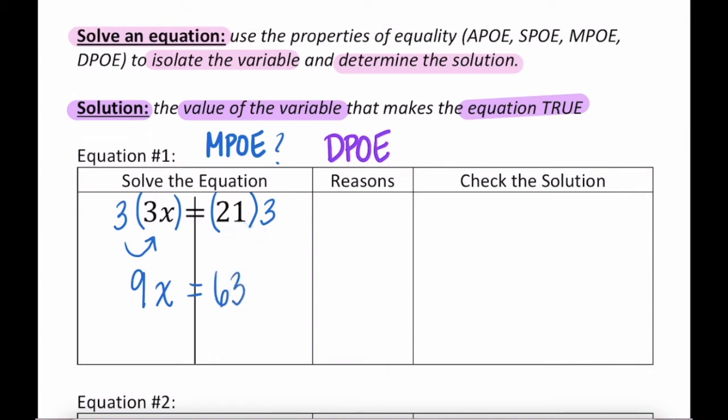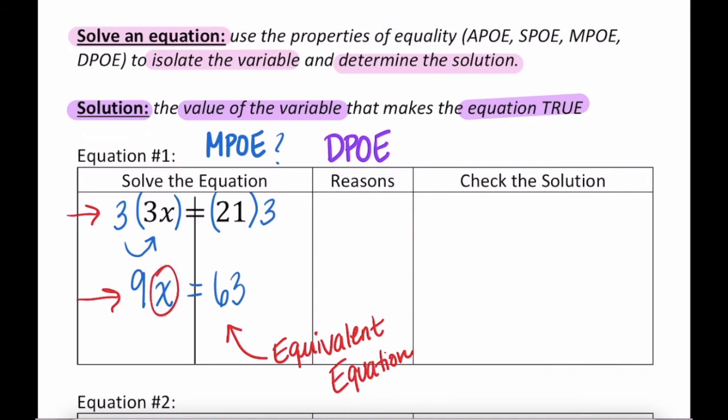Now, have we solved this equation? No. What we have done is called creating an equivalent equation, meaning whatever x equals in the original equation equals the same thing in this new one, but x is not by itself, meaning we haven't actually solved anything. So MPOE was not the correct property of equality to use for this specific equation.